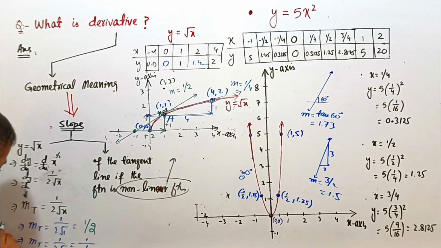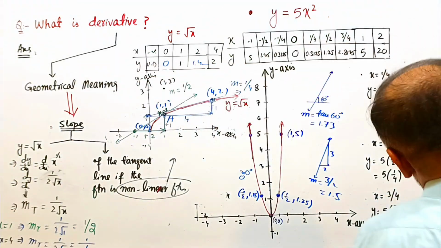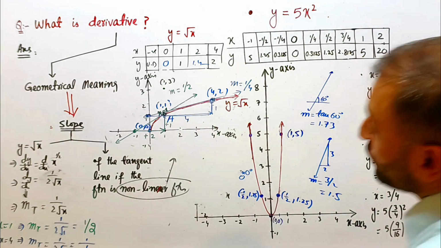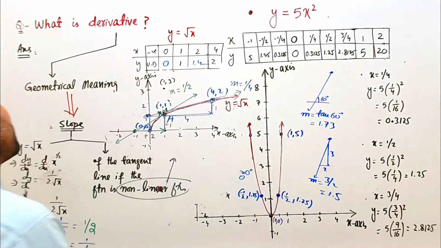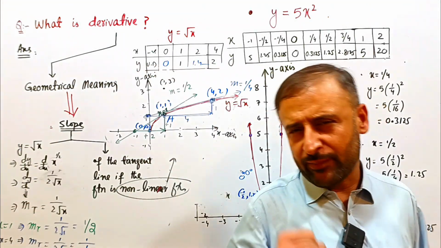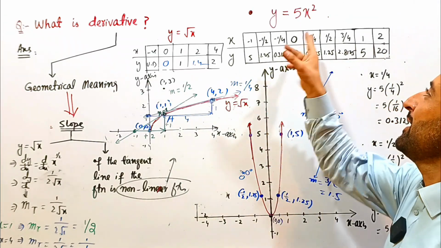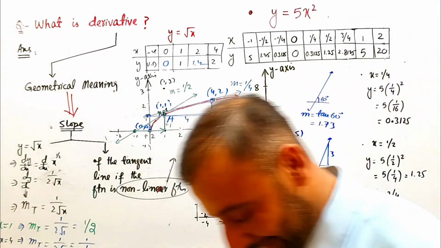X is equal to 1. Hopefully you now have the geometrical meaning. You fully understand this, students. So if you think you know the geometrical meaning of the derivative with 100% concept, then we can get into the practical meaning.